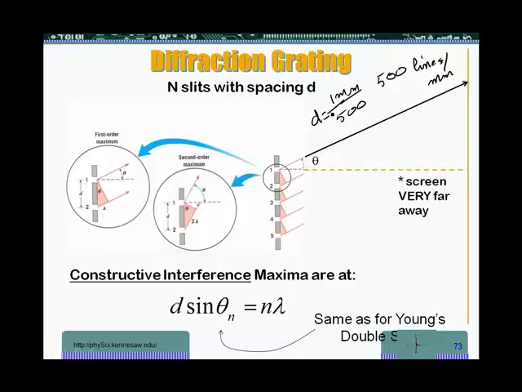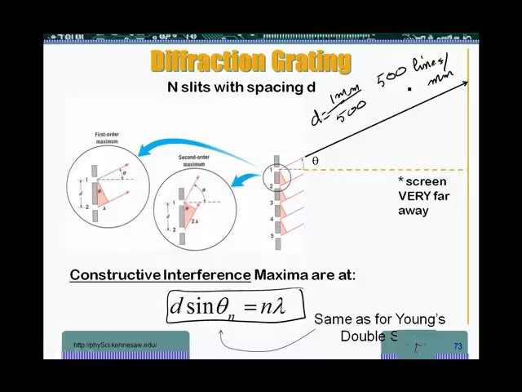Now, when we have a number of slits, like 2 slits or 3 slits, it does not matter how many, the equation that gives the position of the principal maxima is d sine theta equals n lambda. However, as the number of slits increases, the principal maxima are going to become very narrow.